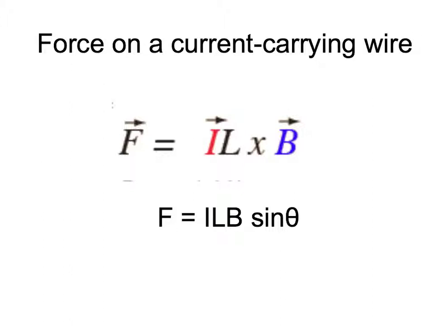Force on a current carrying wire is given by the cross product IL cross B. Now this should look somewhat familiar.